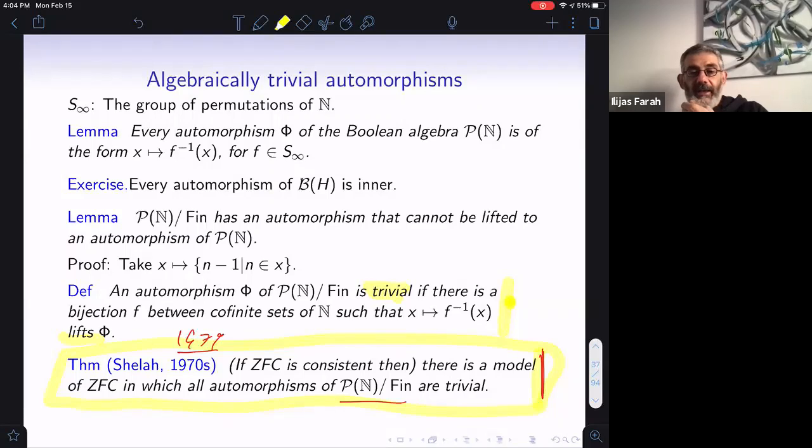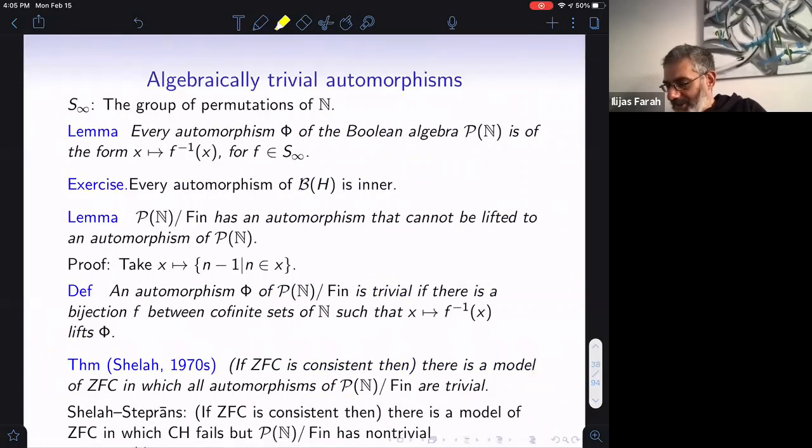So basically it leaves a question: if there is just some unnatural model of ZFC in which this happens, should we take this statement seriously or not? That's always a question. But in this case, there is a better answer to that question.